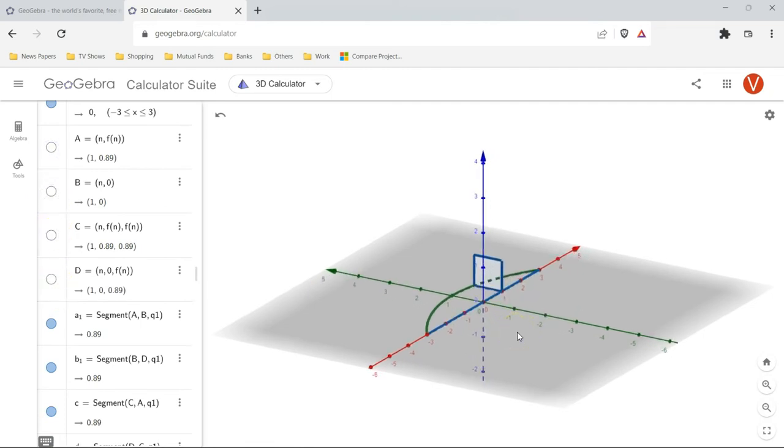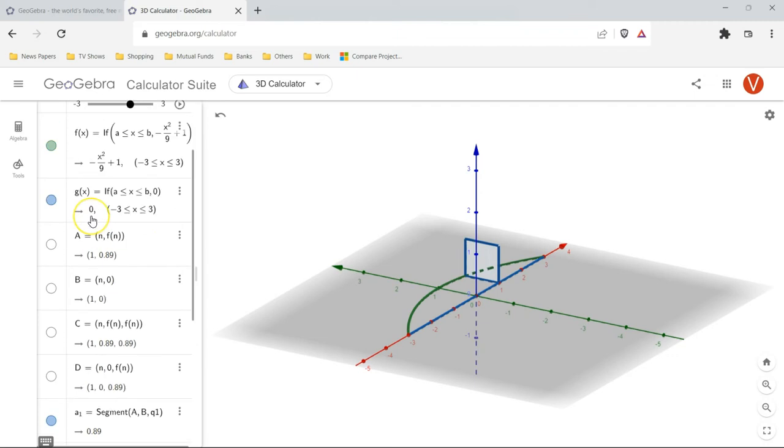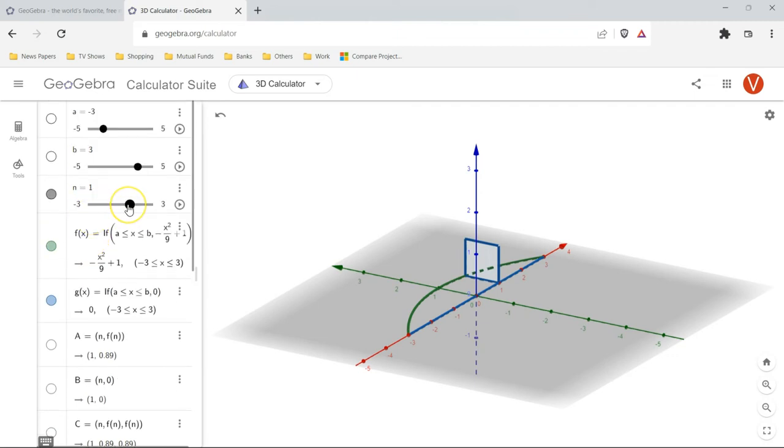And let's zoom in a little bit. And now what I'll do is shift this n value. So what happens? Or let me animate it. Yes. So this is our solid that is being formed by this square as it moves between these two curves.